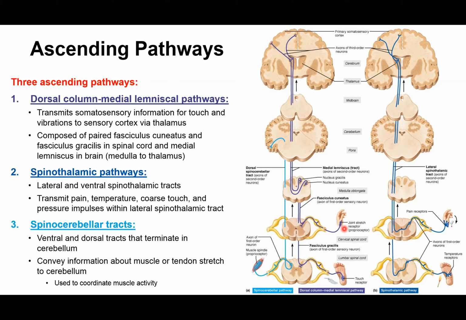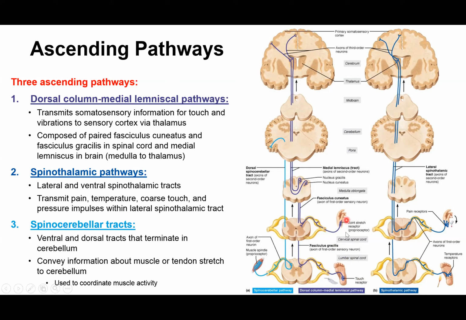So for the dorsal column medial lemniscal pathway, we're entering the spinal cord, still first order neuron coming up and synapsing. If we're talking about a touch receptor, so if we're referring to information about touch, that's where you see this neuron coming from and going up and synapsing.